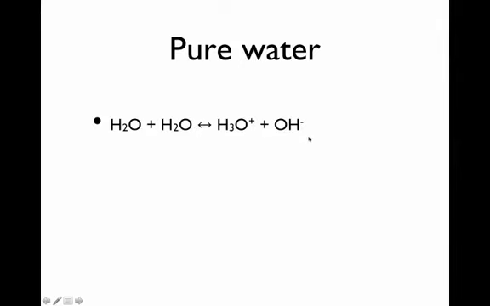Hopefully you can see that in this equation. Whenever you have one water molecule donate an H plus to the other, you will always make one acid molecule and one base molecule, and you will have equal amounts of each. Because you have equal amounts of each, there will be equal amounts of acid and base, which means you will have a neutral pH.